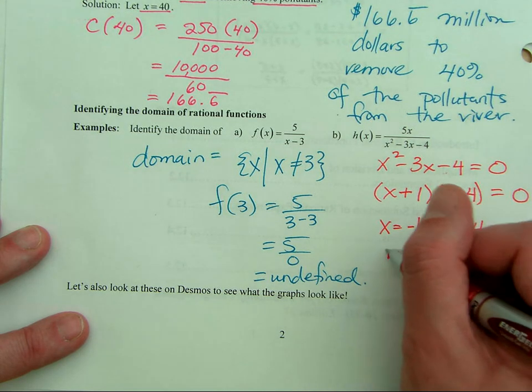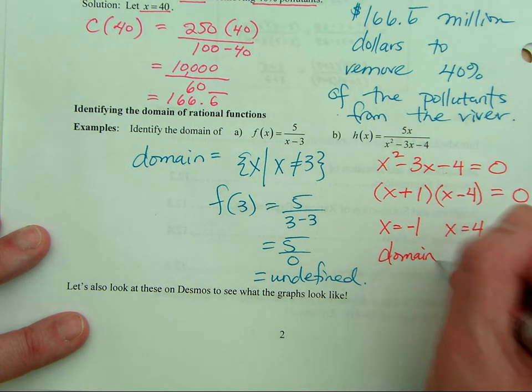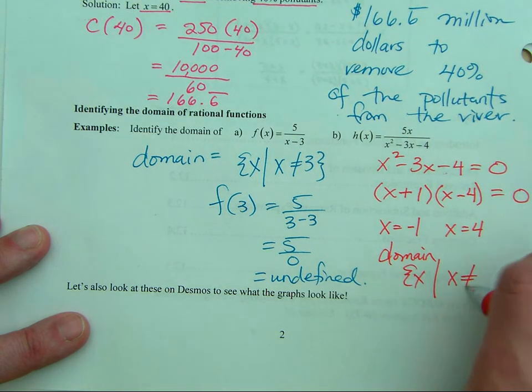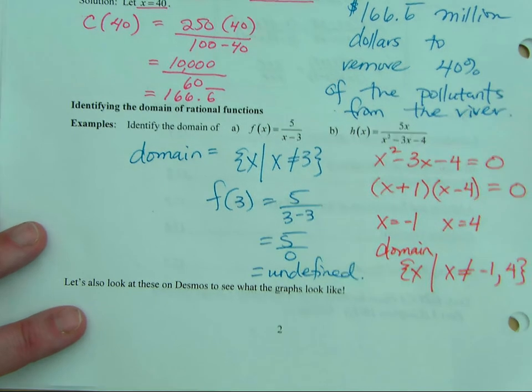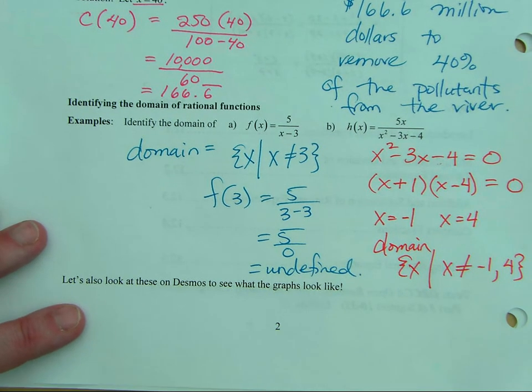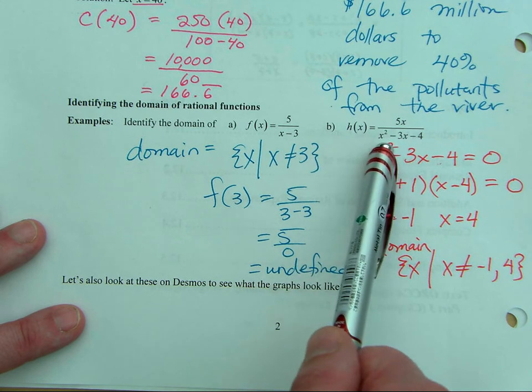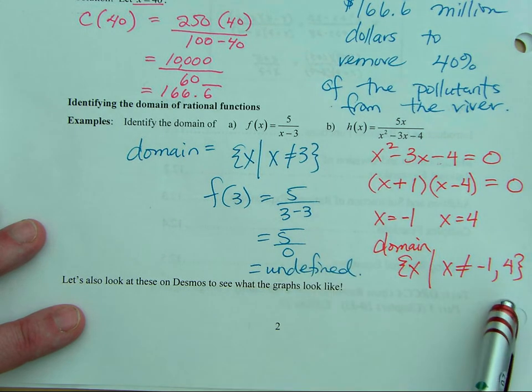And that means my domain is x such that x cannot equal negative 1 or 4. I don't want either one of those numbers because that's going to give me 0 in the denominator. And you'll see if you plug in h of negative 1, you'll get 0 in the denominator. If you plug in h of 4, you'll get 0 in the denominator.